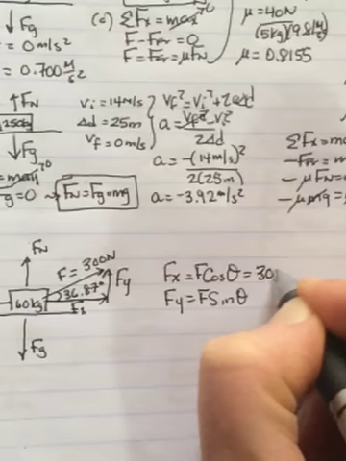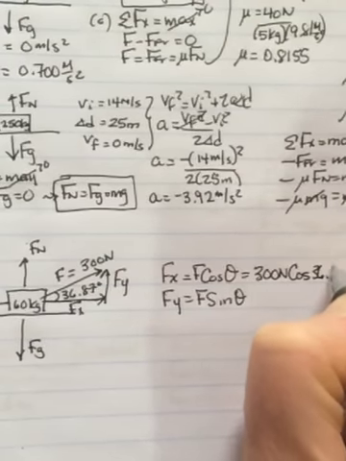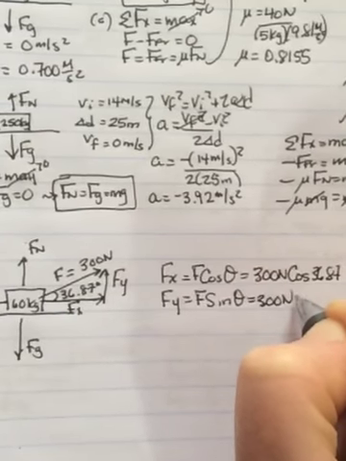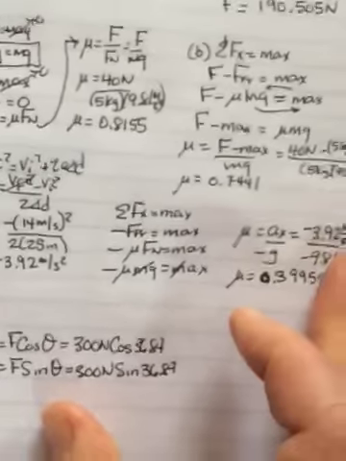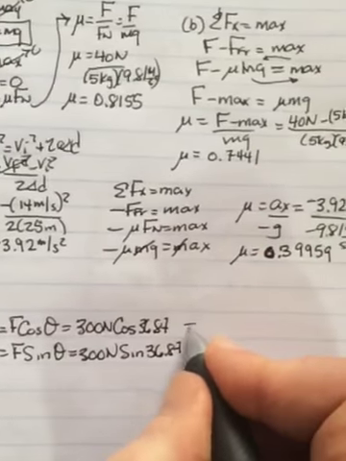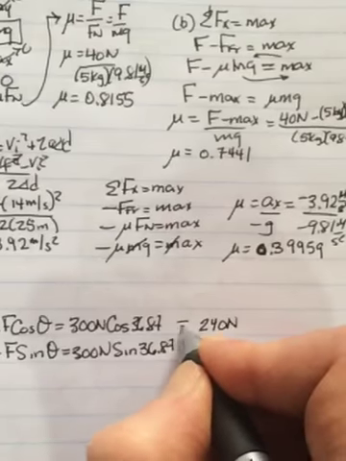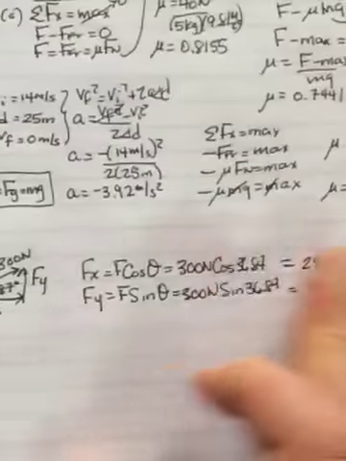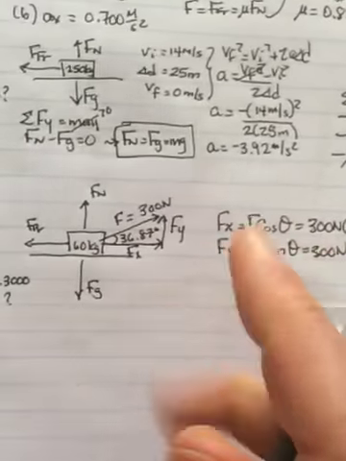You could do 300 newtons cos of 36.87, and 300 newtons sine of 36.87. Cos of 36.87 is 0.8. So this is like 240 newtons or something very close to it. And this is 180 newtons or something very close to it. Okay, once you do that though, everything else is the same as what we've done.